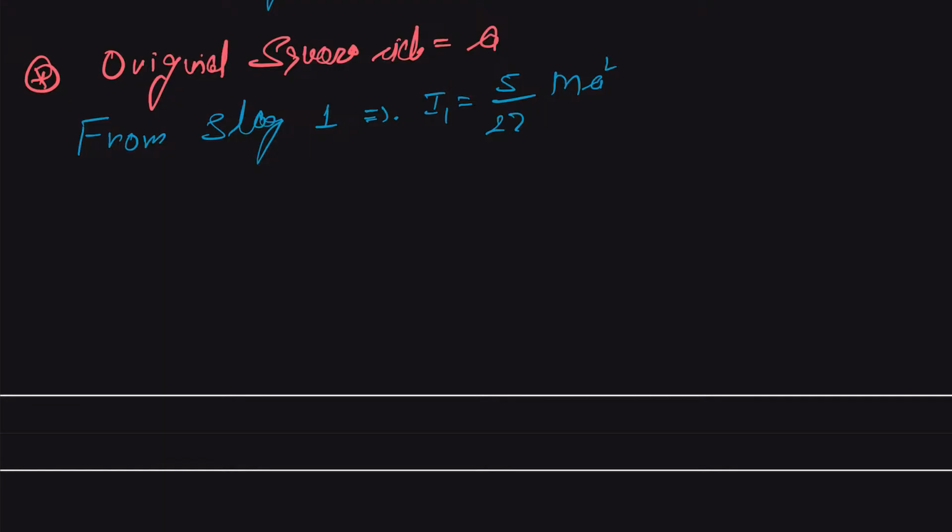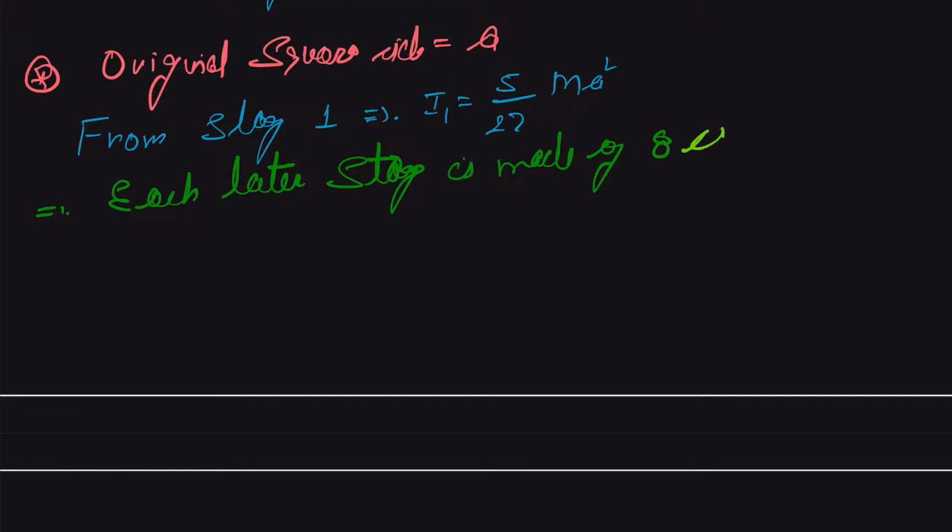Therefore, we can say that each later stage is made of 8 copies of the previous stage pattern, placed inside eight parent squares, because from every stage we are going to remove one square. So the total will be our 3 by 3 grid.